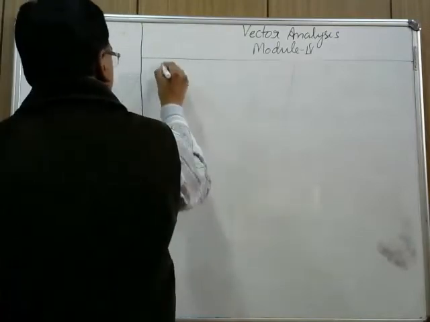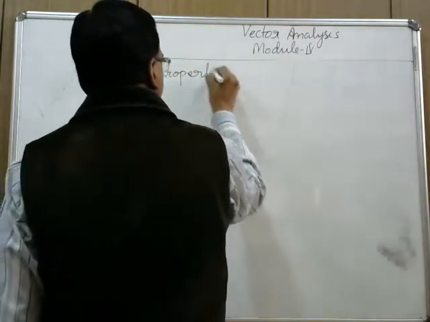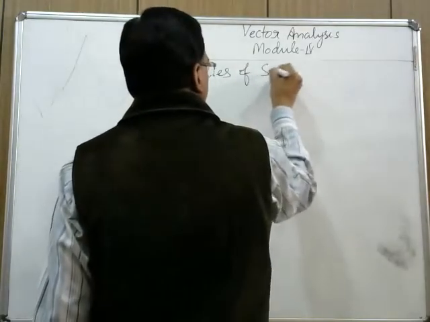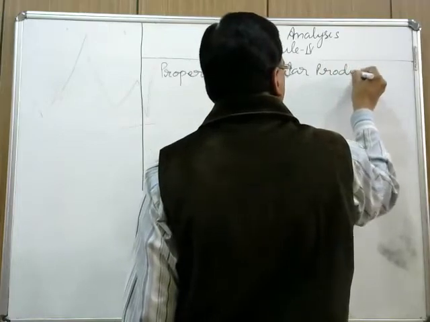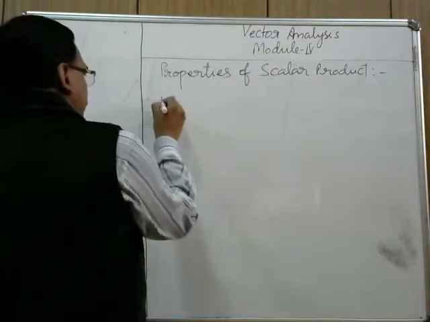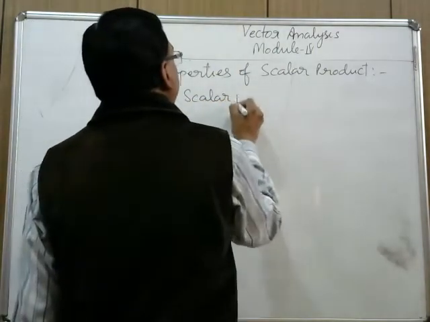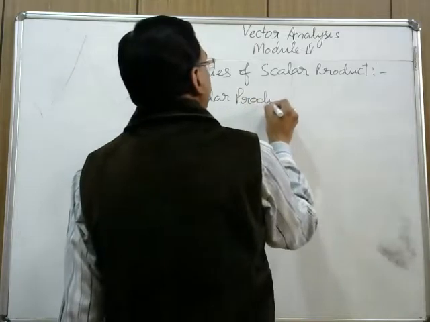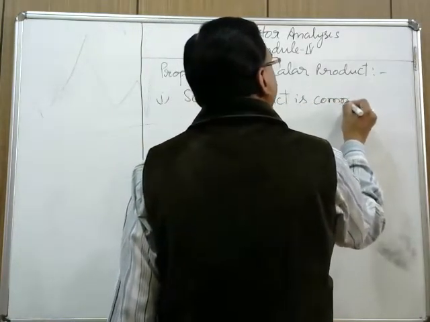Properties of scalar product. First, scalar product is commutative.